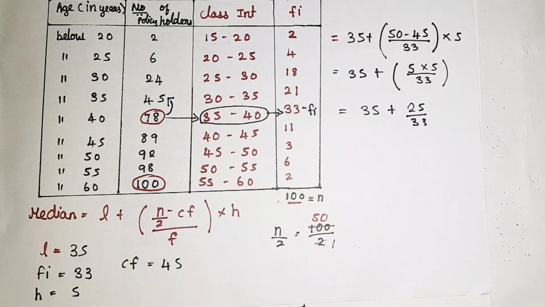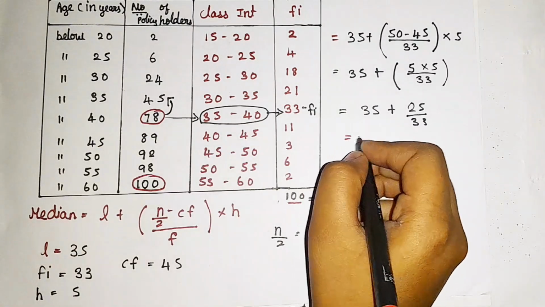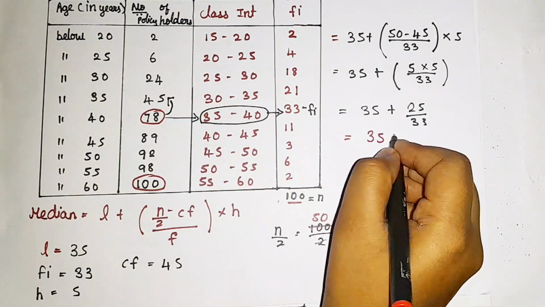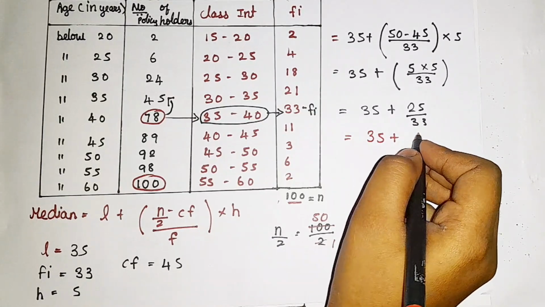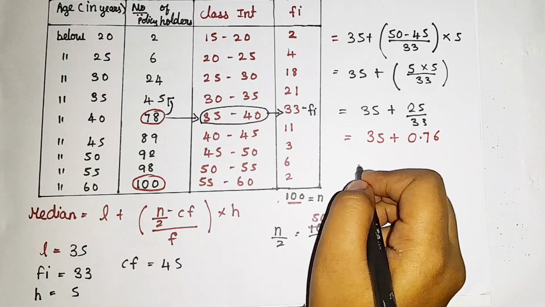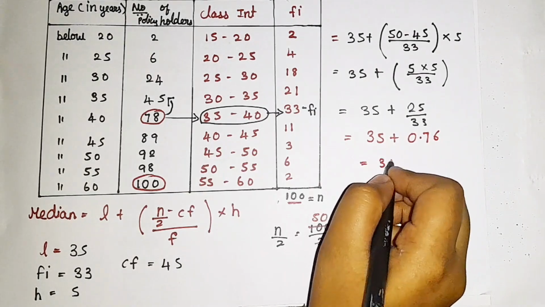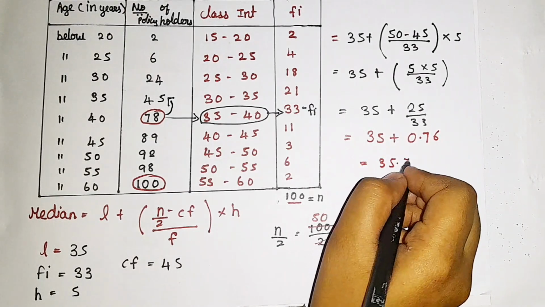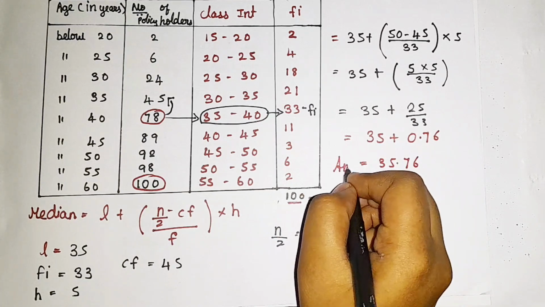Now we can write it as 35 plus 25 divided by 33, which is 0.76. When we add them, we get 35.76. So this is going to be your answer.